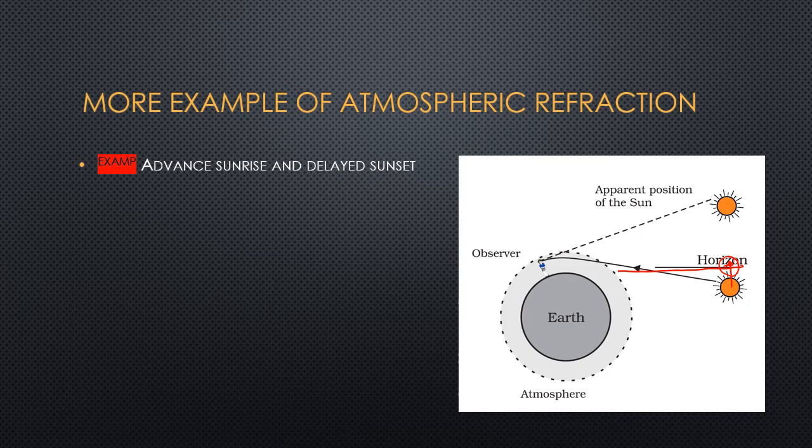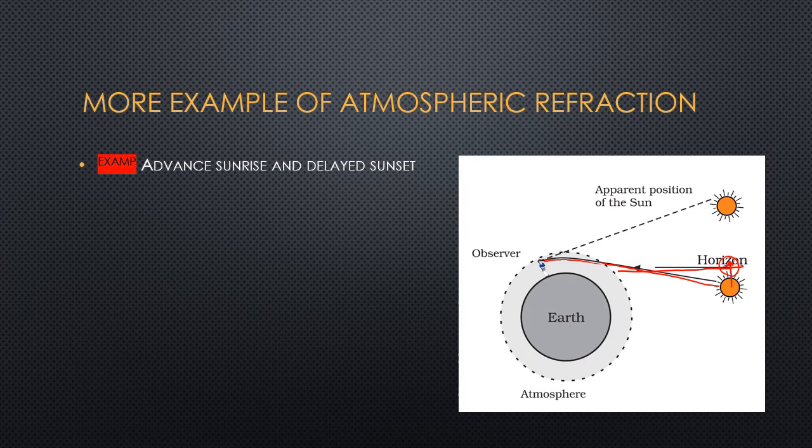And you can see the sun 2 minutes after actual sunset. That means you can see it for 2 minutes extra. So we say it is a delayed sunset. All the measurements are with respect to the horizon, and the time difference is about 2 minutes. It's very simple to understand why it is happening due to atmospheric refraction. You can see from the diagram, the rays are coming straight, but as they reach the atmosphere, they start bending.